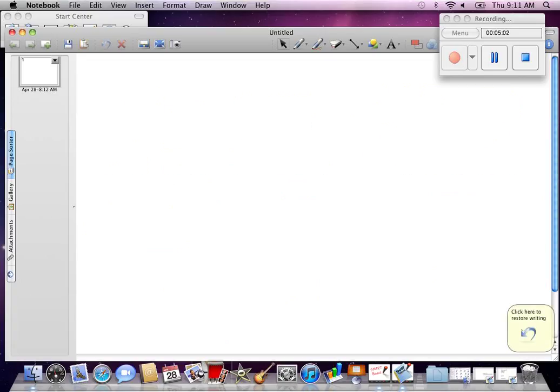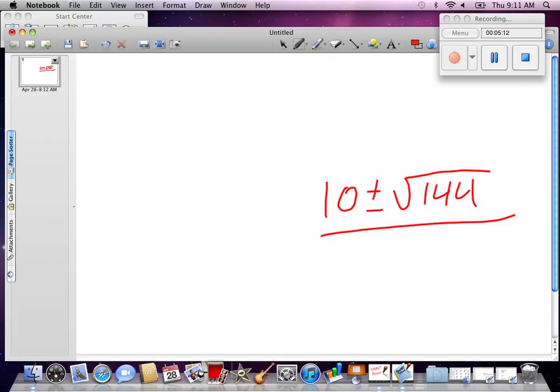We're going to get 10 plus or minus the square root of 144 all over 2, because 2 times 1 gives us 2. What is the square root of 144? 12. So now I have 10 plus or minus 12 over 2.